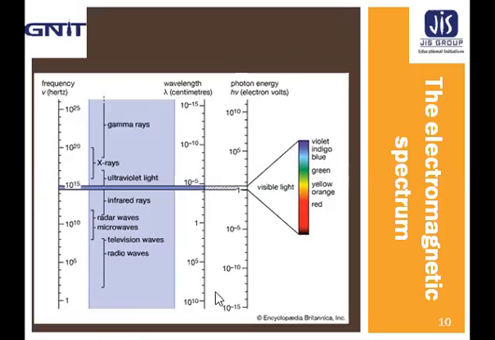The types of electromagnetic radiations are broadly classified into the following classes or regions or bands or types. The first one is gamma radiation, then X-ray radiation, ultraviolet radiation, visible light, after that infrared radiation, microwave radiation, and radio waves.